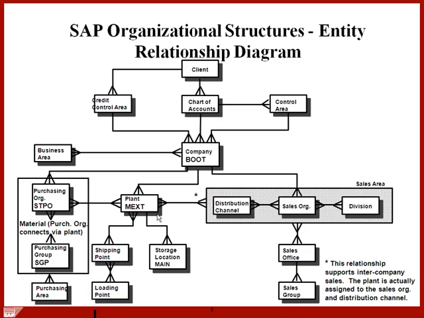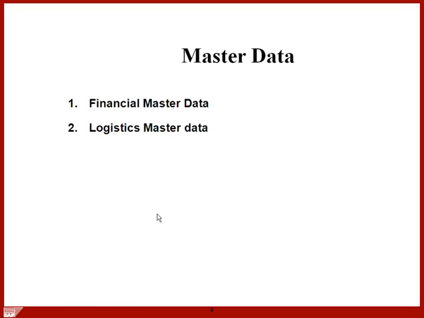We will create one complete organization structure. We take one company whose business you are aware of, and then we set up one company code, two or three plants, and so on. That's your second chapter. Once you create an organization structure, we will deal with the master data.